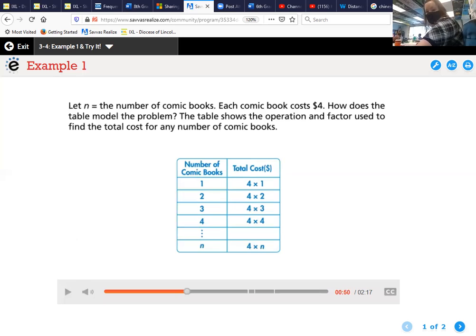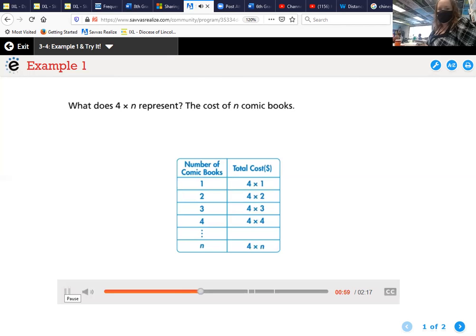The total cost is 4 times n for any number, and that's what n stands for, any number of comic books. The table shows the operation and factor used to find the total cost for any number of comic books. What does 4 times n represent? The cost of n comic books.